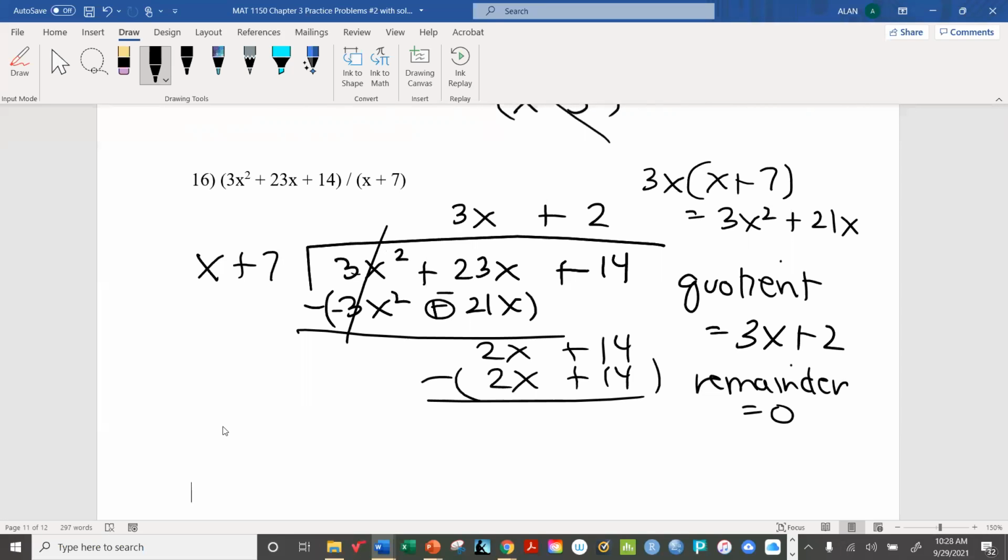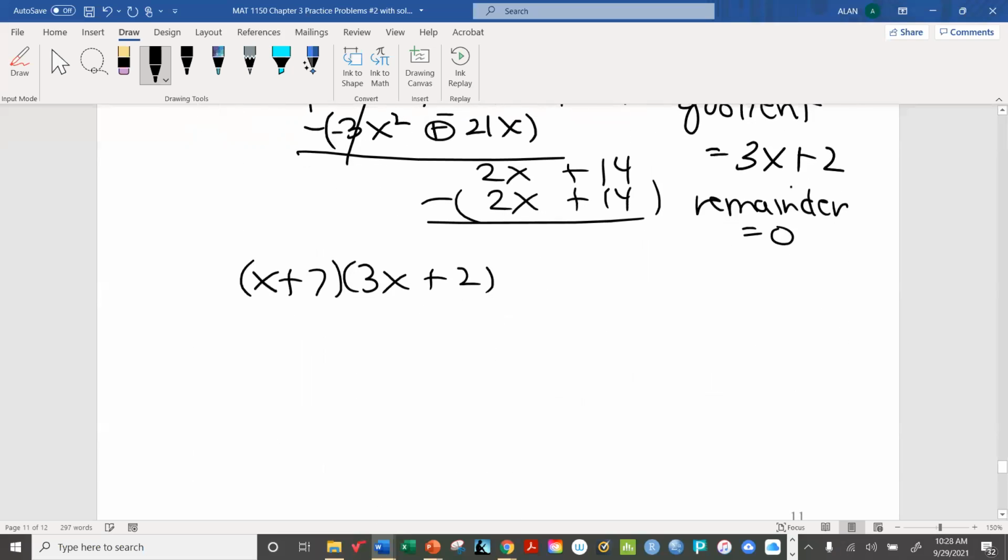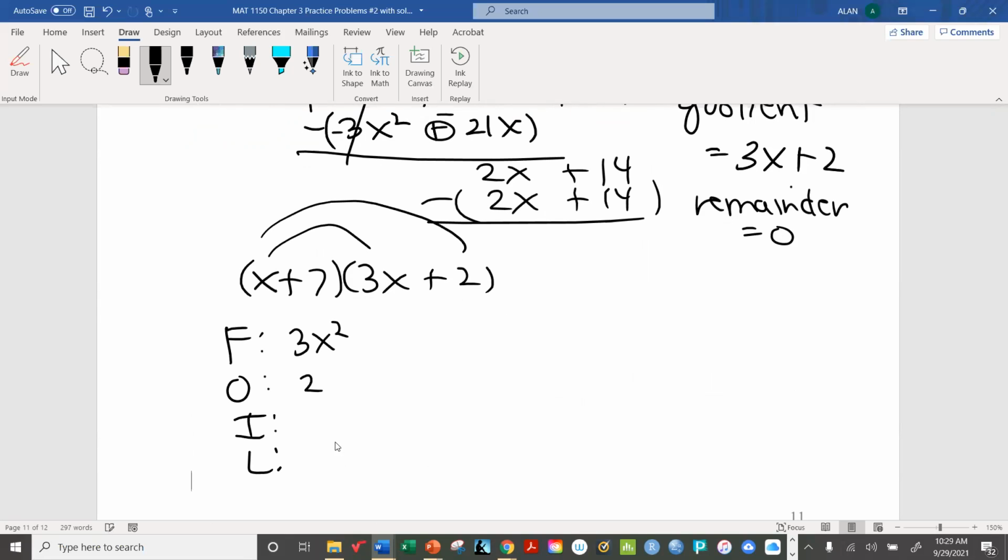Okay, so let's prove it. If I FOIL this out and it turns out to be this expression, that means we've done it correctly. 3x squared, 2x, 21x, 14.